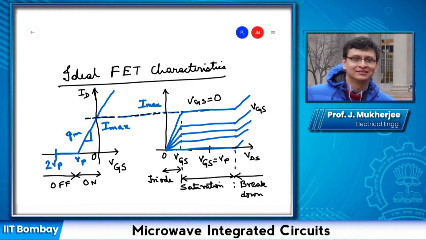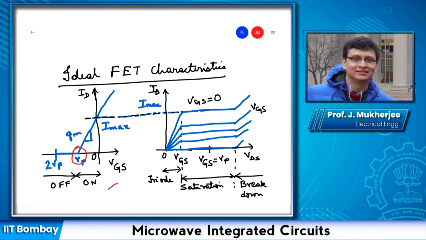Okay, so first of all, this is a depletion type MOSFET or FET. Depletion type means the cutoff voltage can be negative, as is the case here. The second thing is this is the ID versus VGS curve, and this is again the ID versus VDS curve.